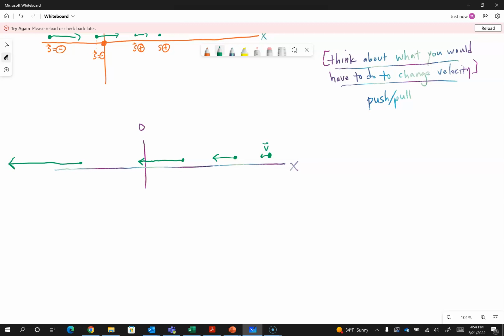All these arrows represent our velocity. Because those velocity arrows point to the left, that means the velocity is negative at all of these moments in time. So this first point would be time equals 0. This one would be time equals 1 second, just to get a representation of the motion.